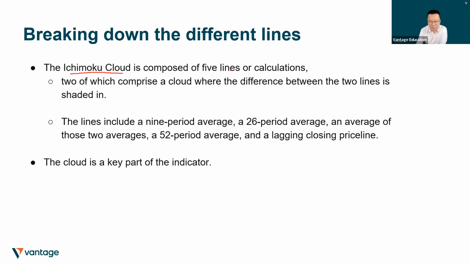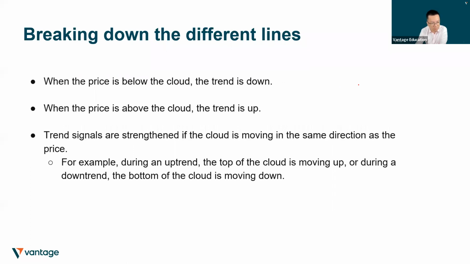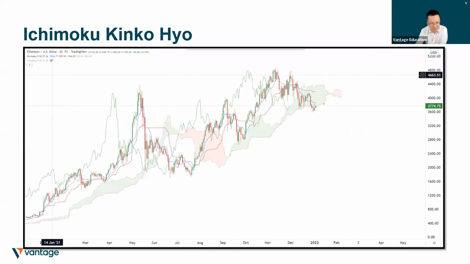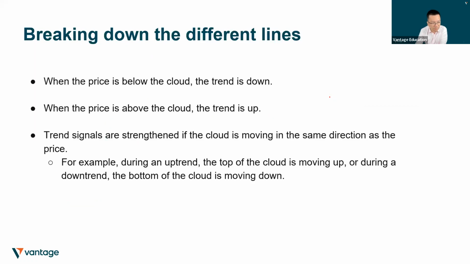So I've left out the calculations, but you just need to know that it's 5 lines, 2 of which comprise the cloud, where the difference between the 2 lines is shaded in. If I scroll through again, you can see the lines, and that's the cloud. You've got the green cloud, and then the red cloud as well.